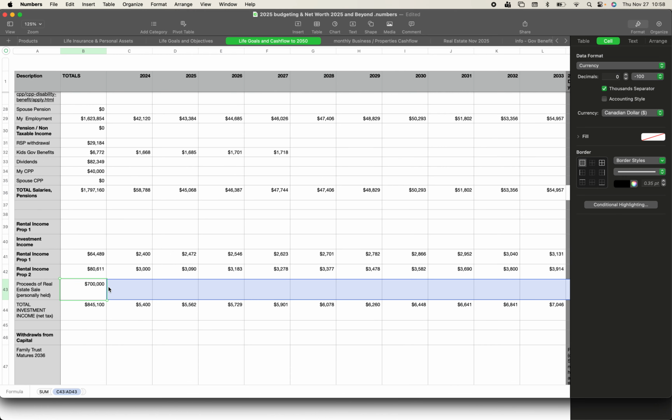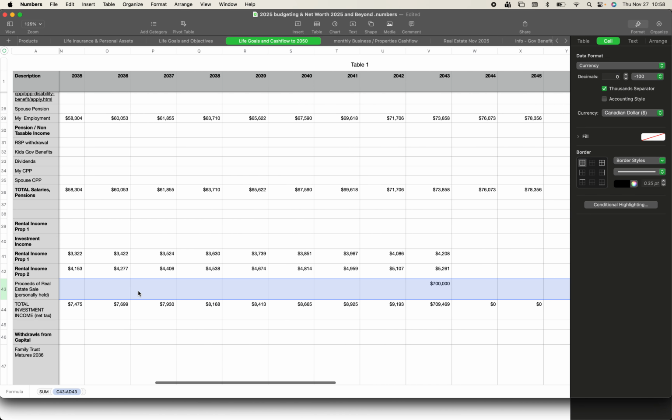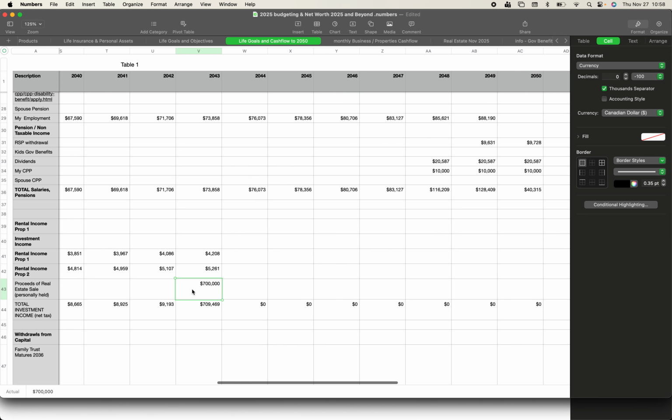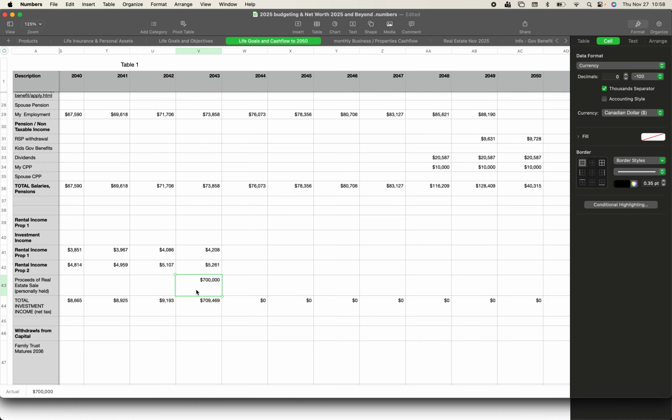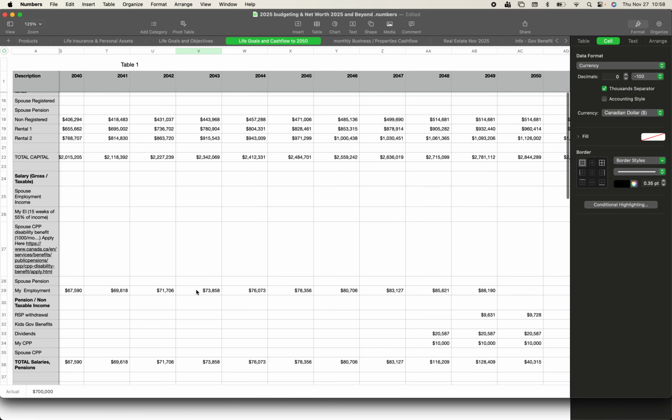Here we have proceeds of real estate sale personally held. So this person's renting, and they're selling. Looks like they're selling one property here, or they're selling both properties here, and the gain is going to be $700,000. So let's see here.